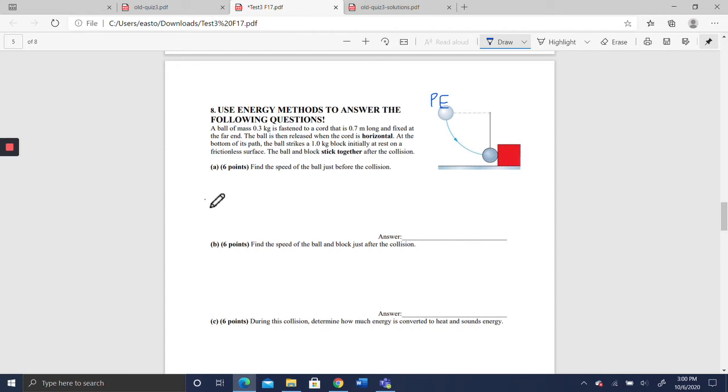So this is pretty much just a simple problem: we start with potential energy, and by the end that's all going to be converted to kinetic energy.